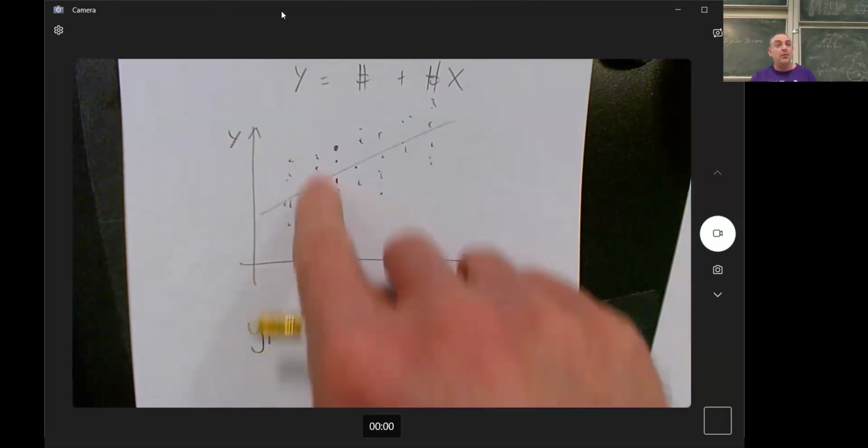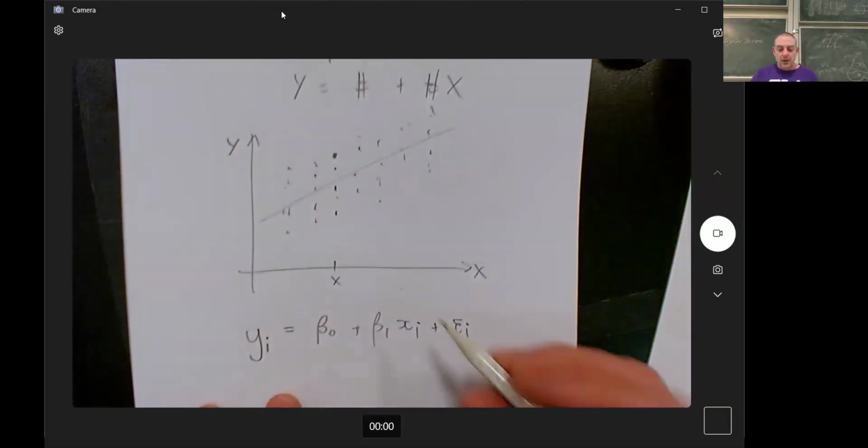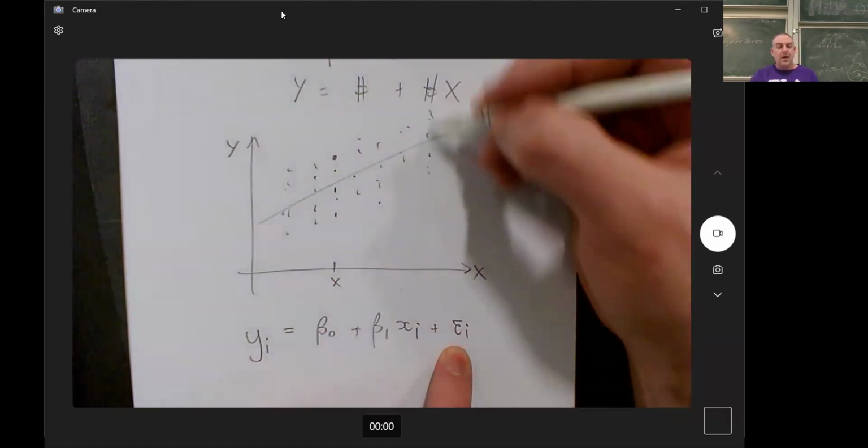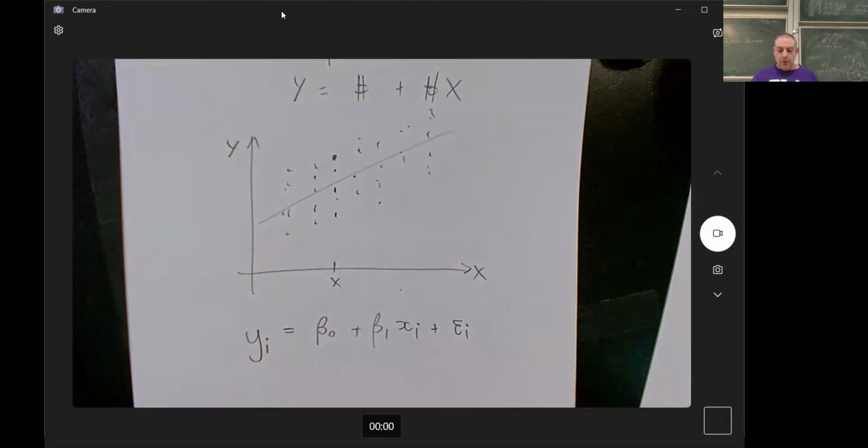That's the bit that's above or below the line. And so this bit here is the line, and this bit here is the up and down from the line. Okay, and this is a theory saying that this is how the universe chooses its values for y. It does this calculation, and then there's a bit of random extra, possibly up, possibly down.